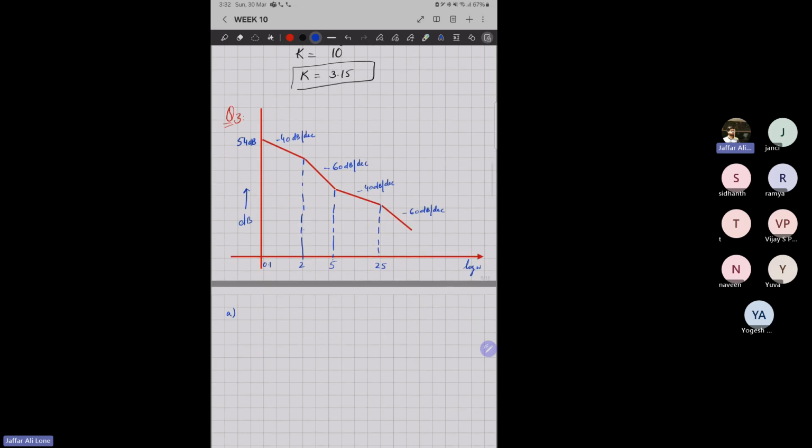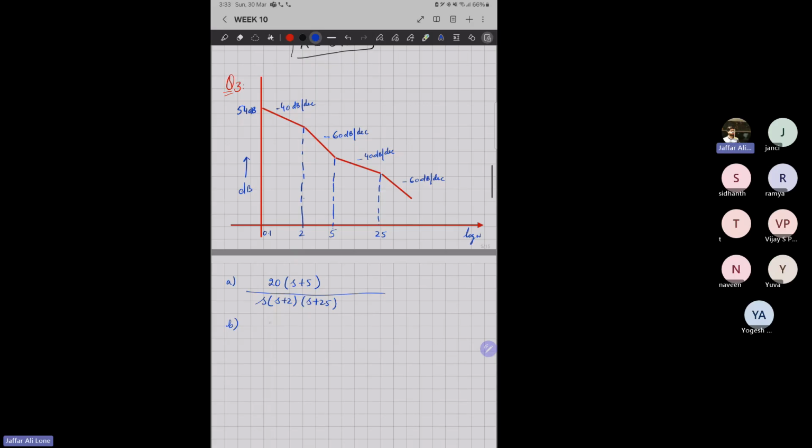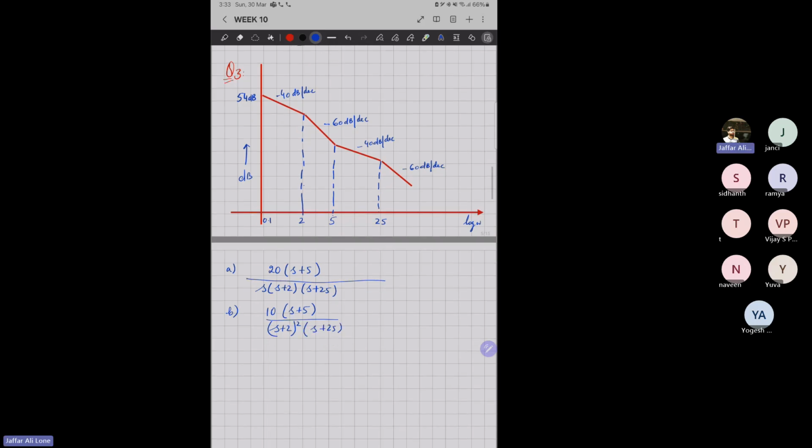The options are, I'll write the options for you. You start solving by the time I write options for you. Option A is 20 s plus 5 divided by s into s plus 2 into s plus 25. B part is 10 s plus 5 divided by s plus 2 whole square into s plus 25.